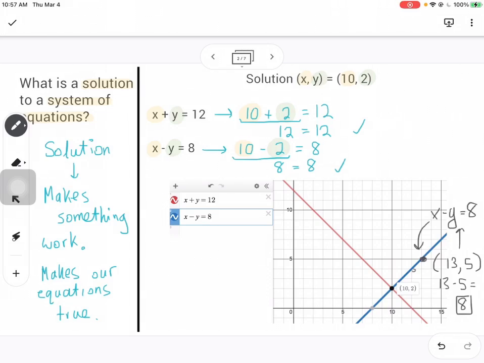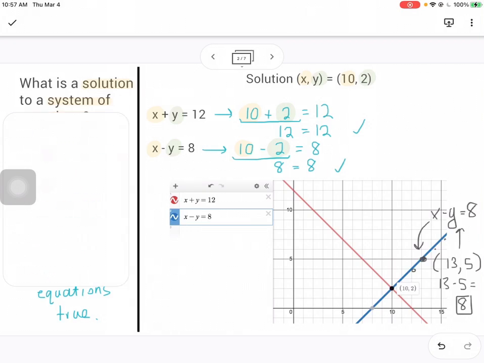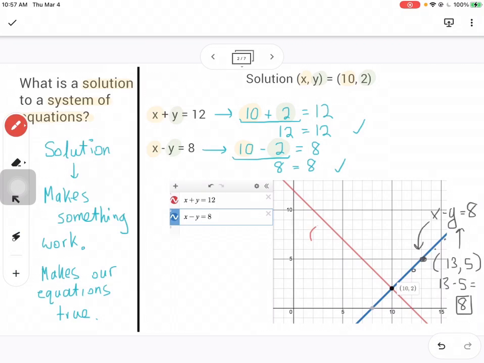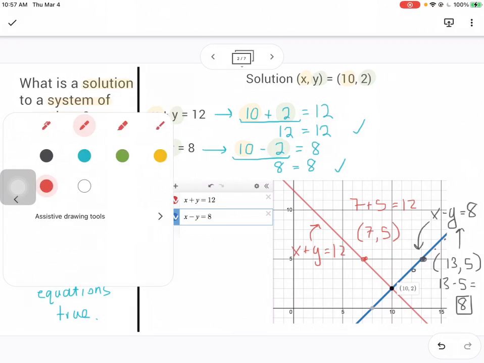Any point on this line makes this equation true. That's how we get those lines. The other equation is x plus y equals 12. All of the points on this line, like (7, 5), make this equation true. 7 plus 5 equals 12.